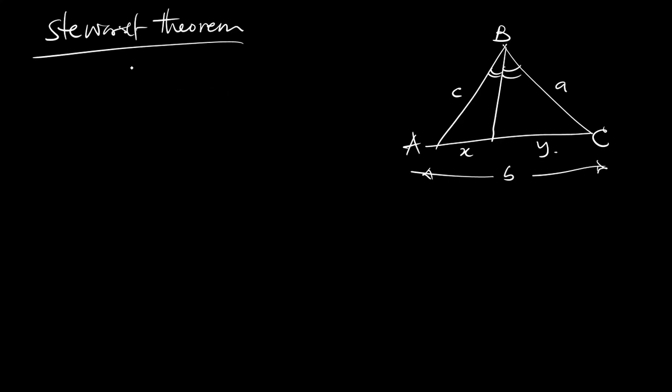So the Stewart's theorem now says that we have C squared, this C squared times Y, opposite it, plus A squared times X, opposite it, is equal to B times bracket open.